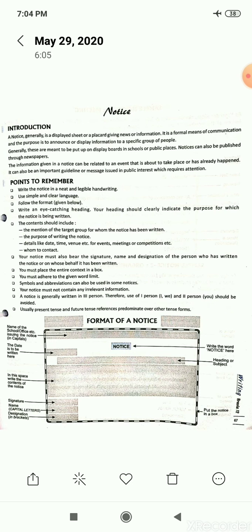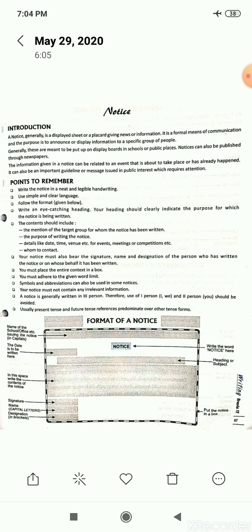The second point in writing a notice is that one must use simple and clear language. It means that difficult words should be avoided while writing a notice. You know why? Again, I would say that a notice is written for a variety of people. The people may be intelligent, they may be less informed.